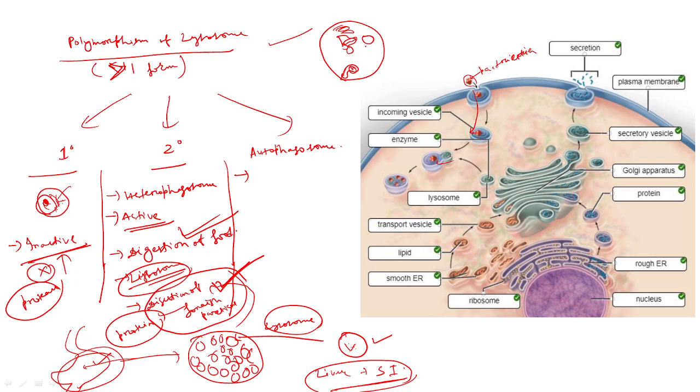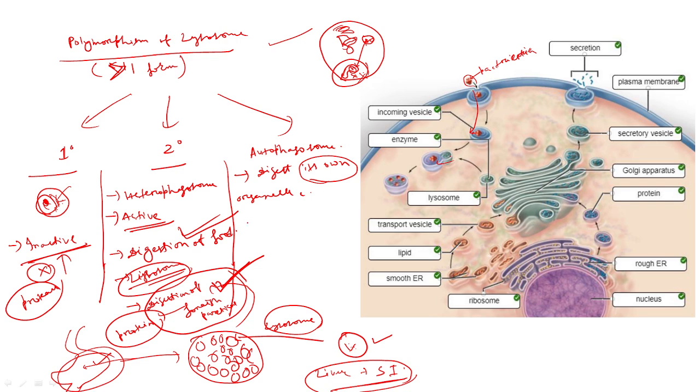So this mitochondria fuses and enters into the lysosome, and the lysosome digests it, because it is no longer of use to the cell. So this autophagosome digests its own organelles which are damaged or dead. That means the autophagosome is the digestion of its own organelles.